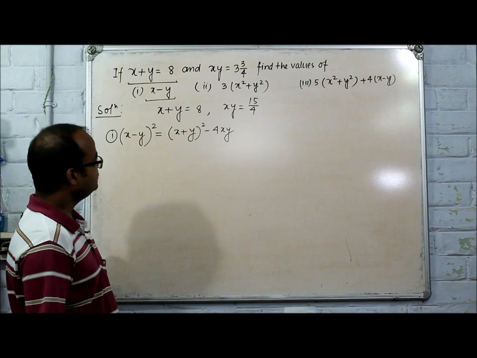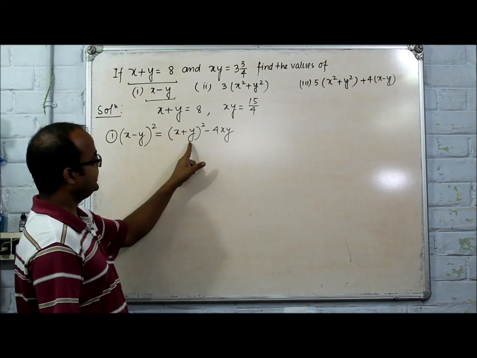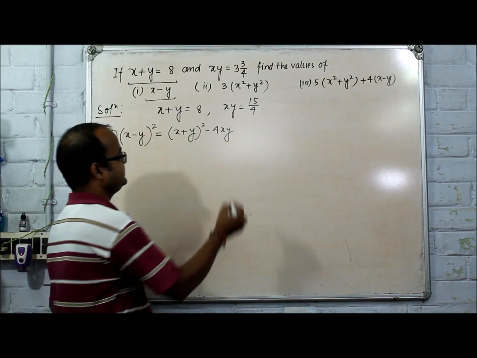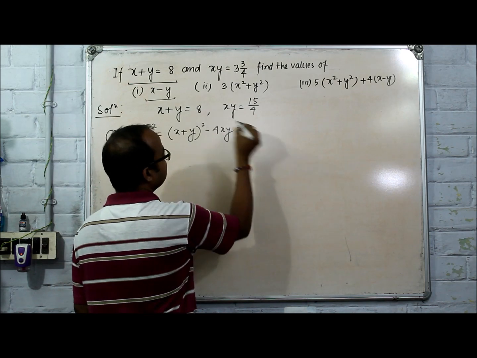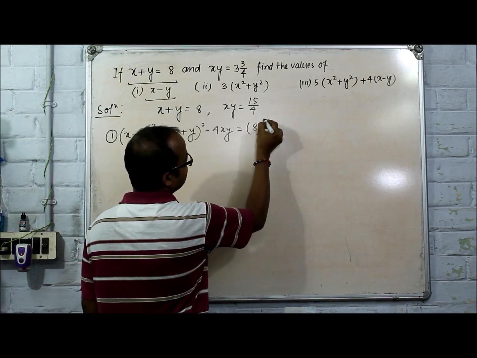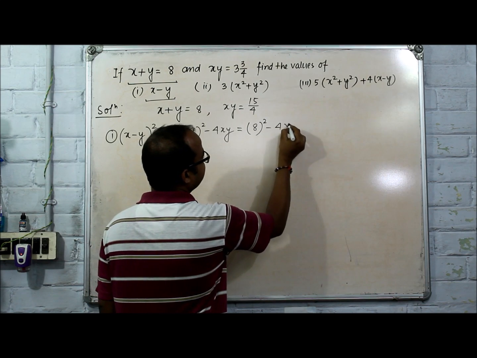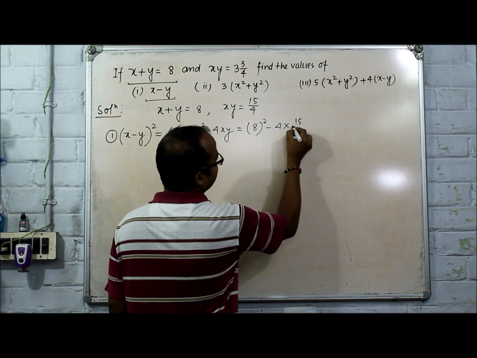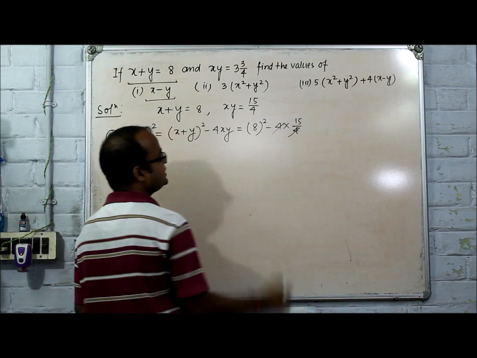Clear? Now substitute the value of x plus y and xy. So 8 square minus 4 into 15 by 4. 4 cancels.